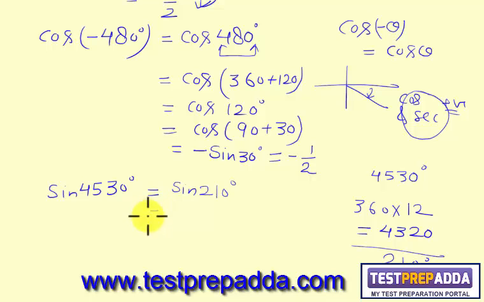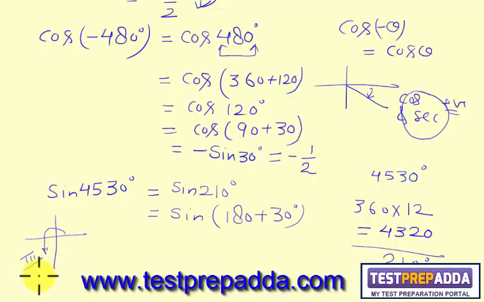Now, 210 can be written as 180 plus 30. Got the idea? Now sine of 180 plus 30 will lie in the third quadrant. And if you recall, from school to college, in the third quadrant sine is negative. Only tan and cot, the two, are positive. So here it will be minus.